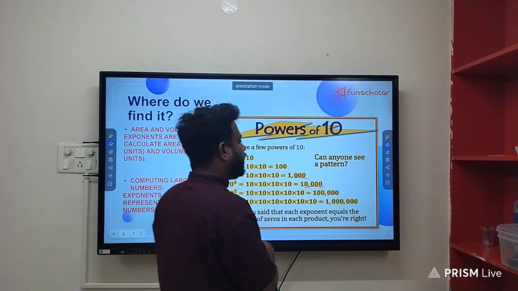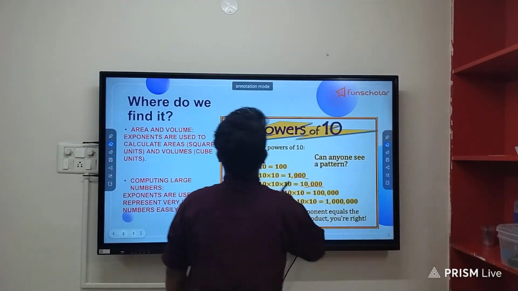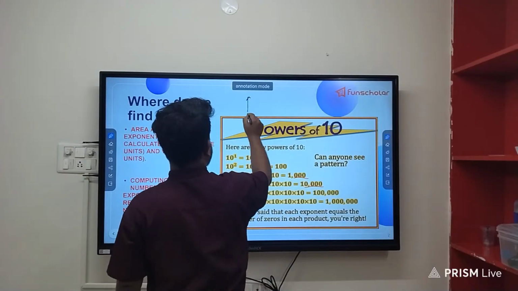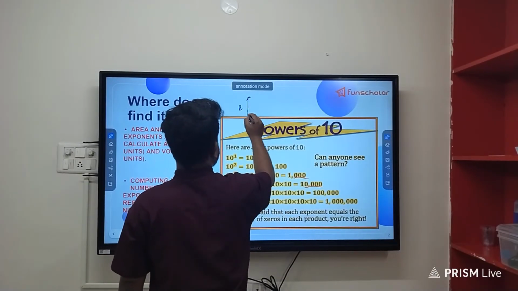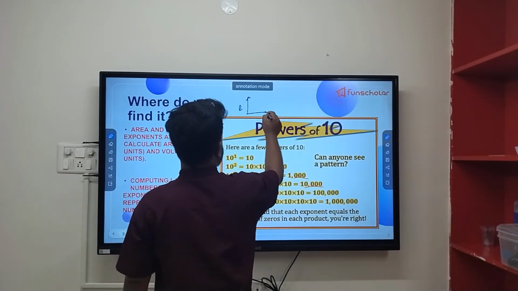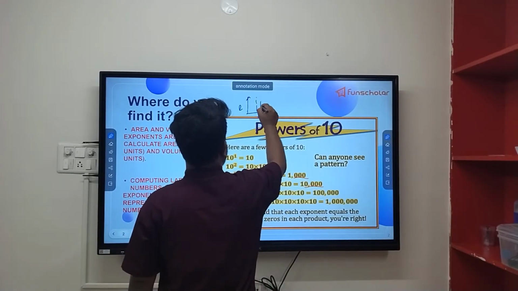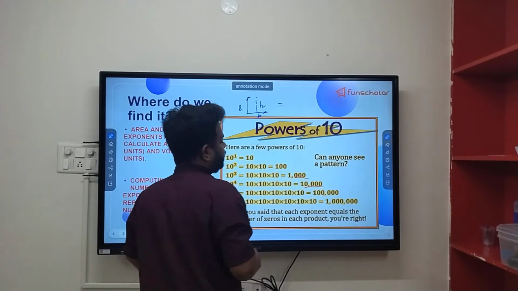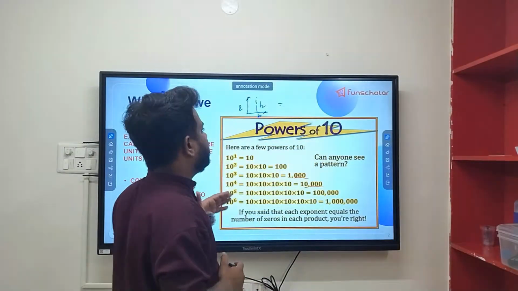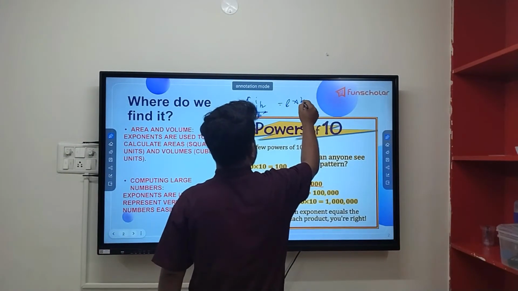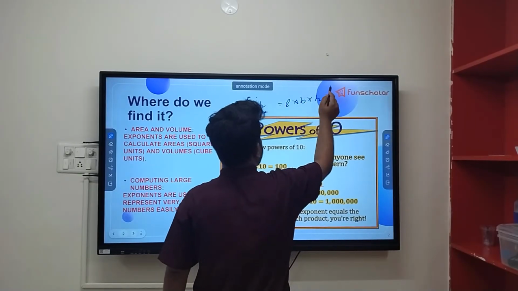To find the volume we need length, breadth, and also the height. So technically there are 3 types of length we are counting. One is length, the second is breadth, and the third is height.